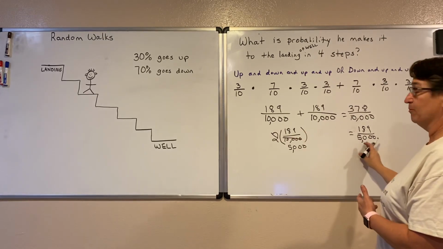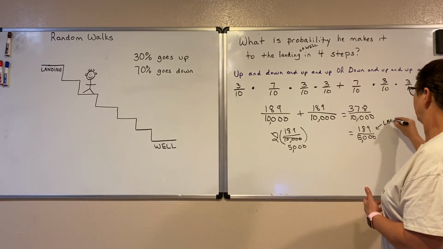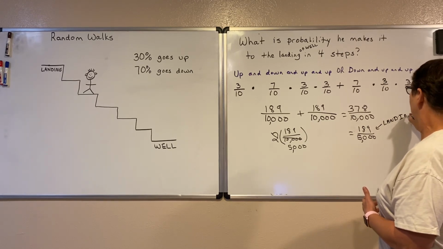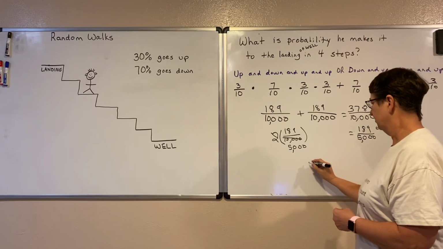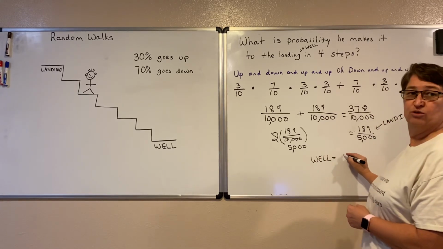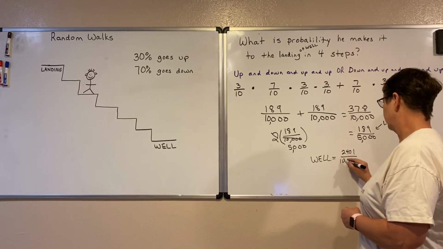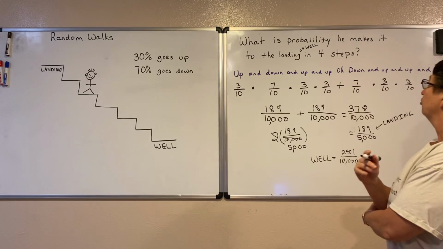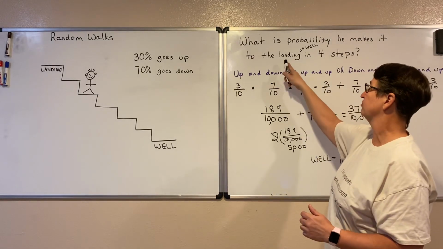Well, this is the probability he makes it to the landing. And we found a second ago that the probability that he makes it to the well, that probability was equal to 2,401 over 10,000.